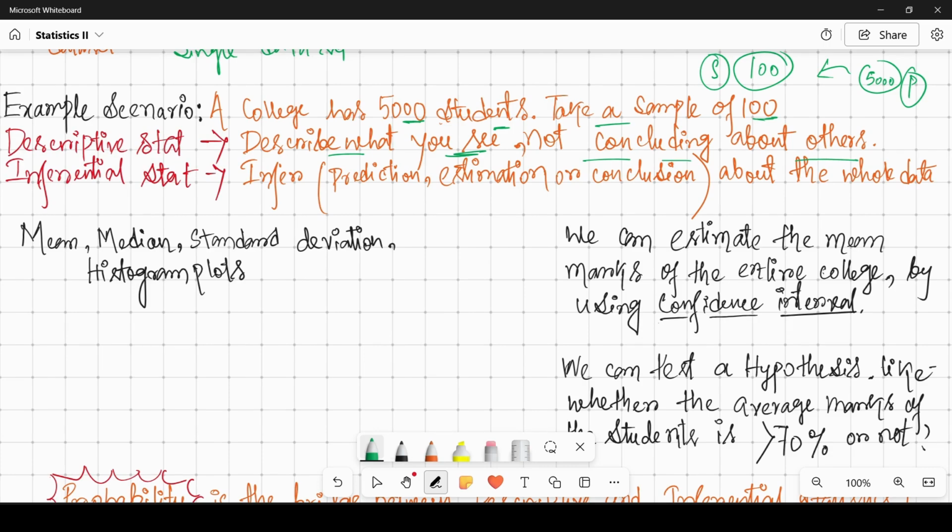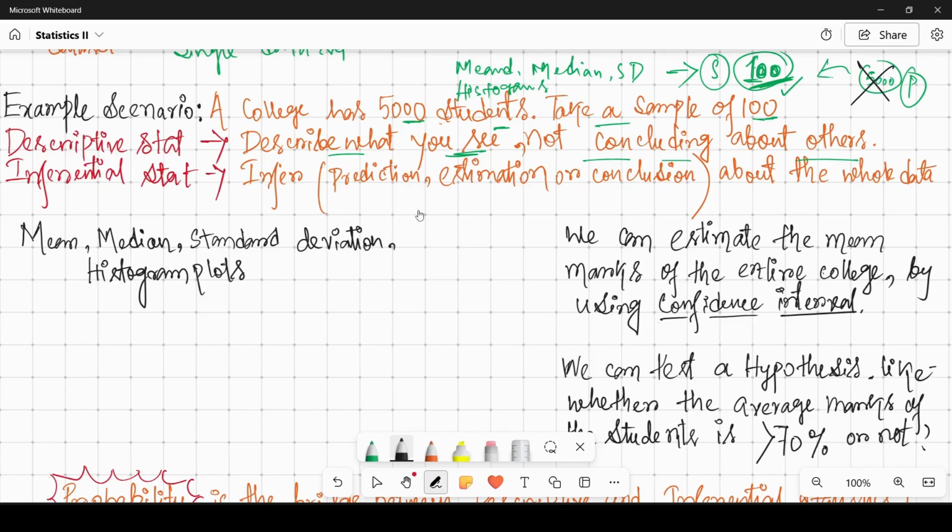So if we take these 100 students, we have the information of these 100 students, then we can compute the mean, median, standard deviation, and some sort of descriptions by implementing graphical representations that we talked about, such as histograms, box plots, etc. And by implementing these techniques on this sample consisting of 100 students, we can only have the idea about this sample, not the whole population. We are not going to have the idea of the whole population in this case.